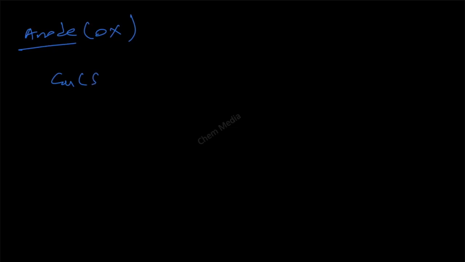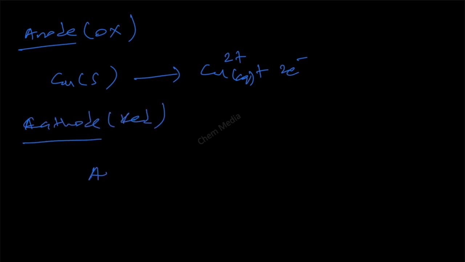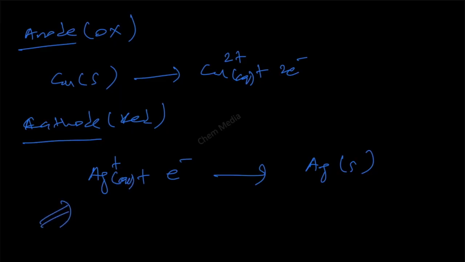At the anode, copper solid is losing 2 electrons and becoming copper 2 plus. At the cathode, reduction is happening. Ag plus gains an electron and becomes Ag solid. But to balance the equation, we have to multiply this entire equation by 2.